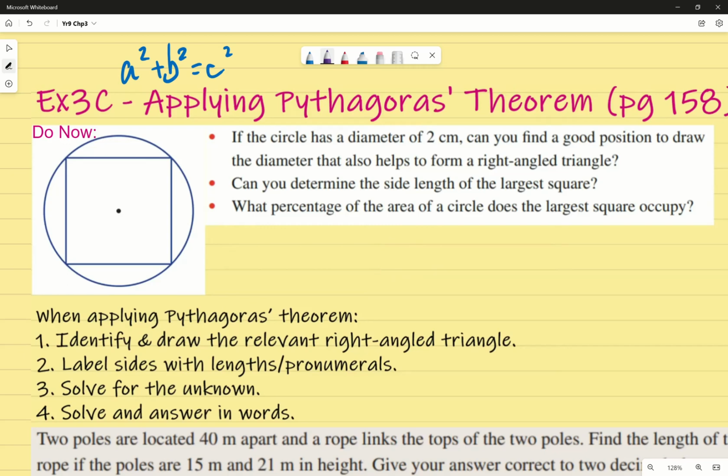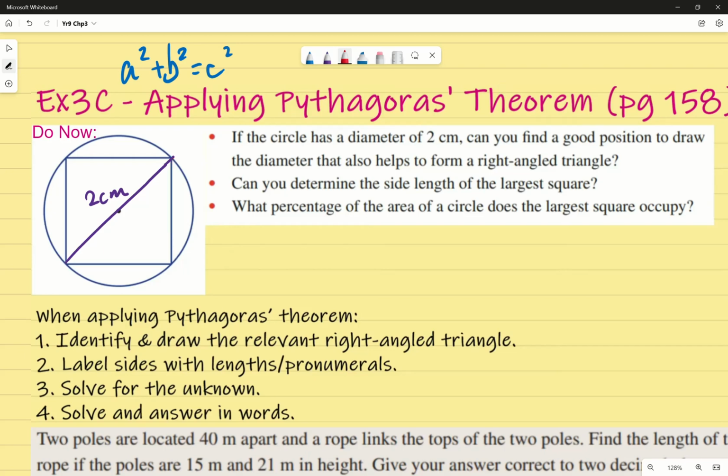Where can we draw the line, or where can we draw the diameter to form a right angle triangle? Well, it makes sense that we can just draw a line between here, right? That's 2 centimeters. Now my question is, if that's 2 centimeters, is this also 2 centimeters? It might be, it might not be, right?